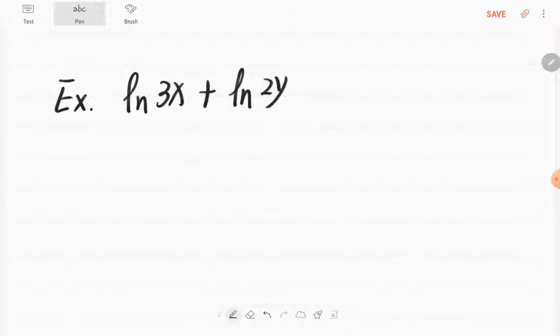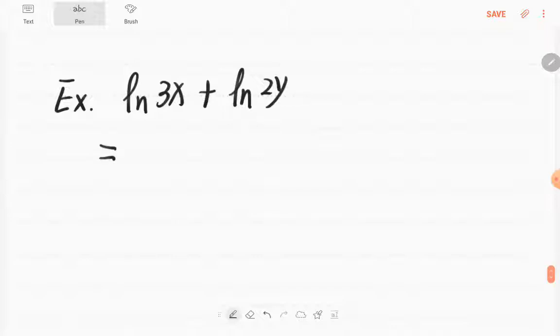Now let's look at another one. We want to condense the following logarithmic functions into a single logarithm. So this is the natural log of 3x plus natural log of 2y, equals what?